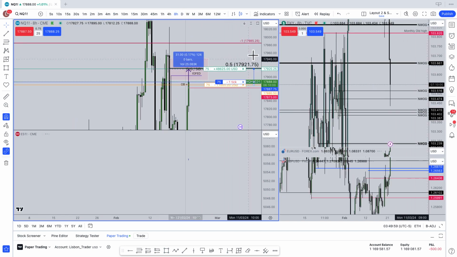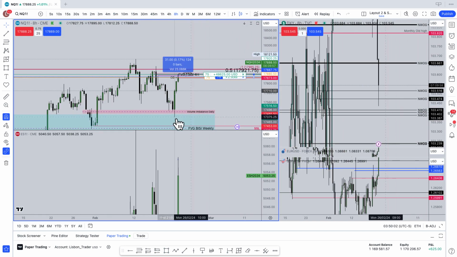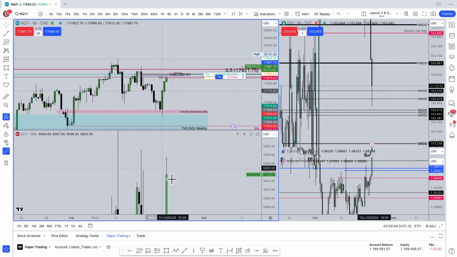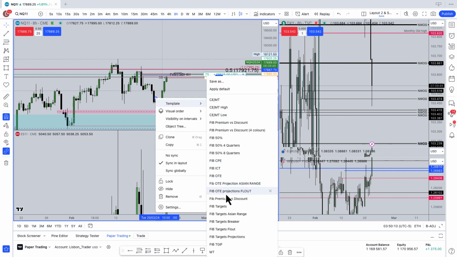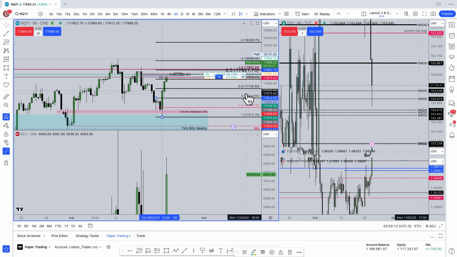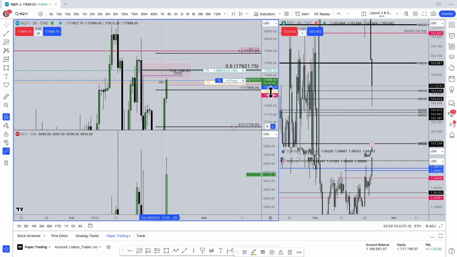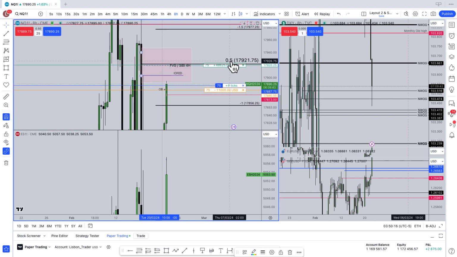Also we have a measured move. Let's calculate the measured move targets. So we have a target also 0.5 around this level, so lots of confluence.